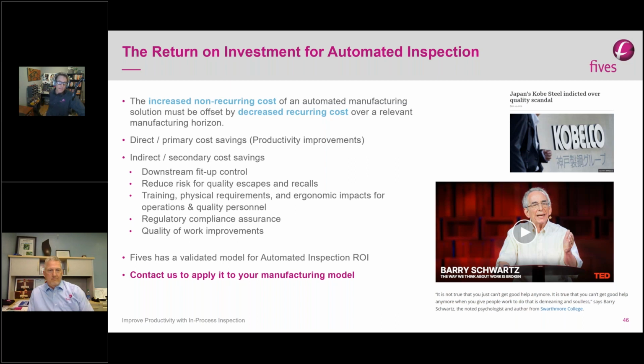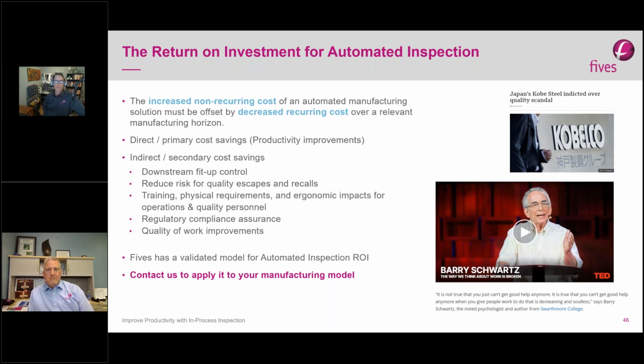So how does this consistency in geometry improve downstream fit up, right? Could it eliminate a shimming or painful jig and match drill operation to mate two parts? So what's the cost of quality escapes and part recalls? Remember news about Kobe Steel a few years ago?